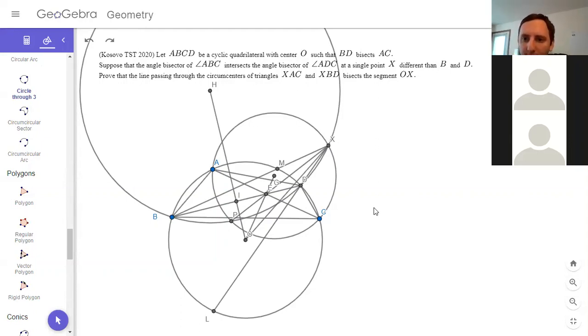BDLM. So basically the circumcircles of BDM, XML, and then I'm trying to think, ADC.